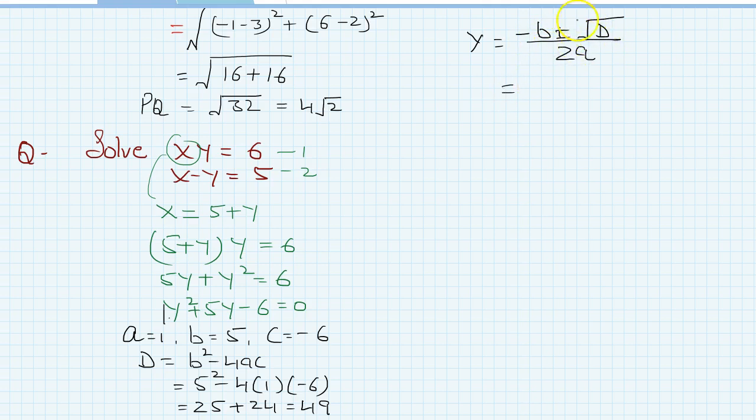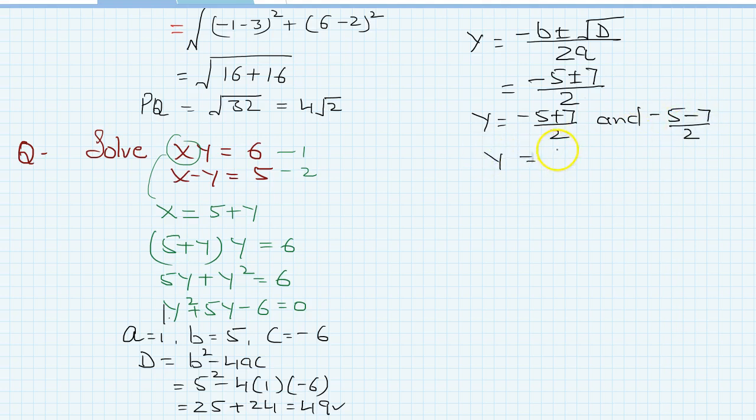Instead of b square minus 4ac, this you can calculate first. So that is minus b, minus 5, plus minus root d. D is 49, so root d is 7, over 2. So y is equal to minus 5 plus 7 over 2 and minus 5 minus 7 over 2.